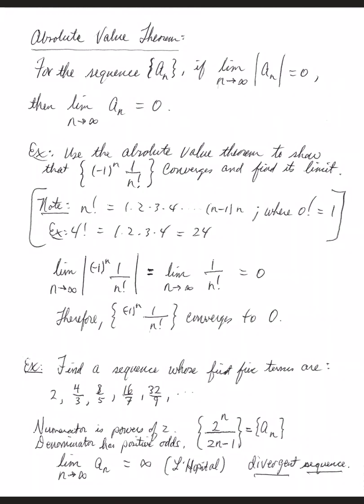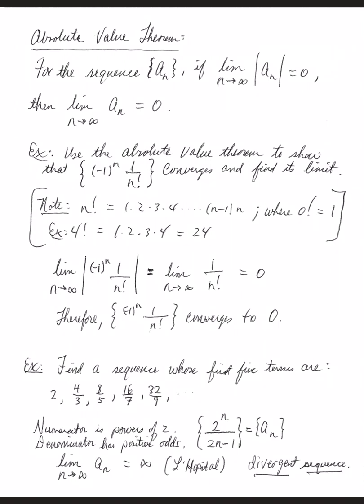Now, once you've discovered the nth term of a sequence, you can take the limit of your nth term. In this case, it's going to be infinity. This is going to be a divergent sequence. When you let n get really large, the numerator goes to infinity, but the denominator does too.